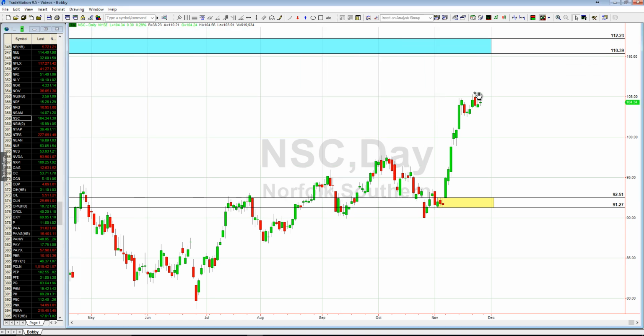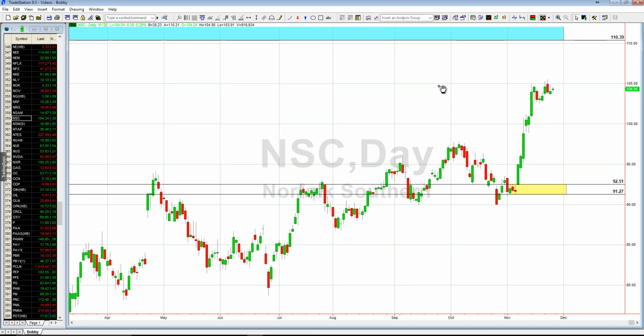So what I'm going to be looking for in this, when price comes up to this zone, is a confirmation like a doji candle, or a bearish candle. That's usually going to be like a shooting star.